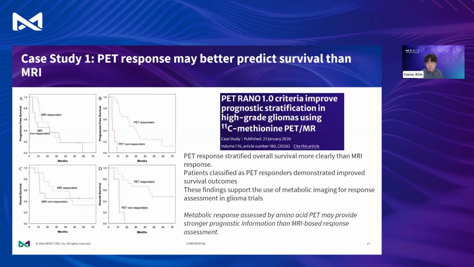Patients classified as PET responders demonstrated meaningfully better survival outcomes than the non-responders, while the MRI response in the same cohort did not achieve the same degree of stratification. The source for this finding warrants confirmation before citing in detail, but the pattern is consistent with other data suggesting metabolic response carries prognostic information that MRI-based response assessment does not fully capture.